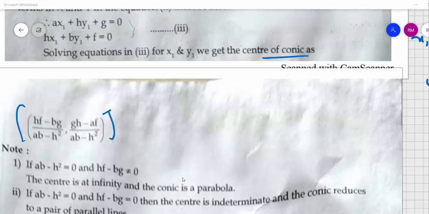This remark is very important, that for a parabola the center is infinity. And if ab minus h square equals 0 and hf minus bg also equals 0, then the center is indeterminate and the conic reduces to a pair of parallel lines. These remarks are useful.